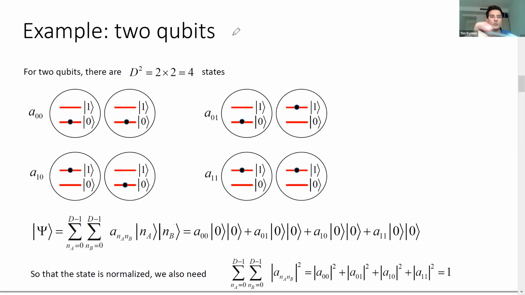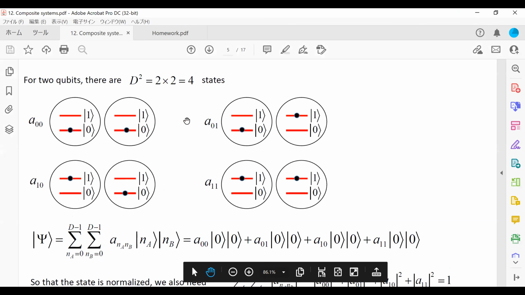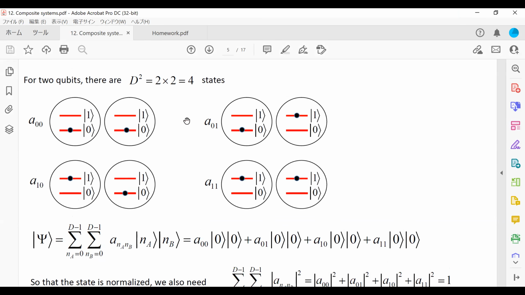Okay, and so Professor, for the formula, should it be like A00 ket 00 plus A01 ket 01? Sorry, just so that I know what you mean: A00 ket 00, like this?